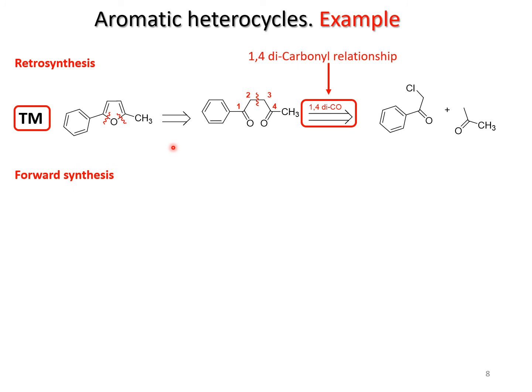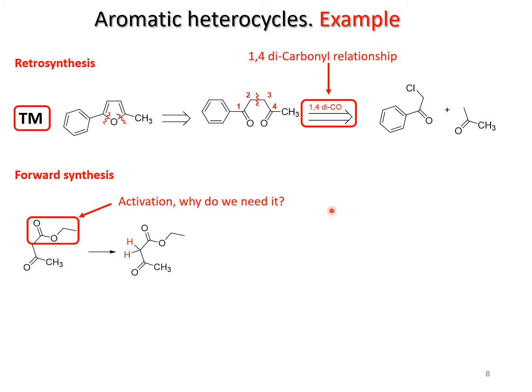Now, in the forward synthesis, I would like to focus on 2 different things. The first one is, instead of using this acetone, we can use this activating group. I would like you to start thinking about why do we need to activate this group. For the moment, let's say that we can use a base here. We can extract one of these alpha protons.